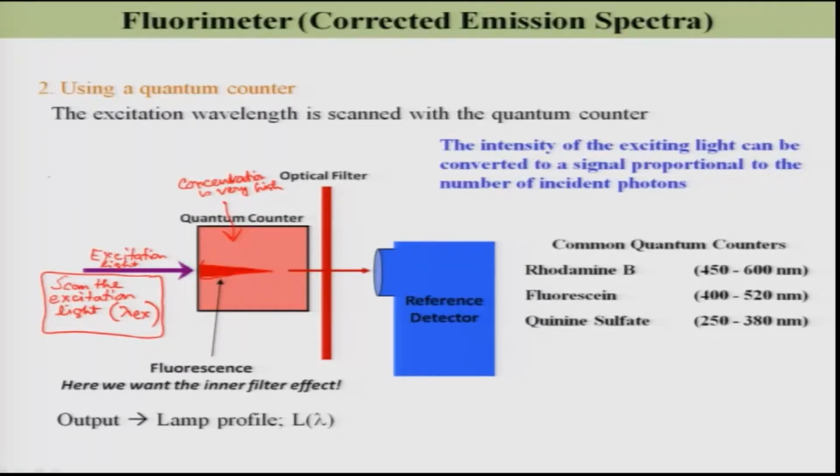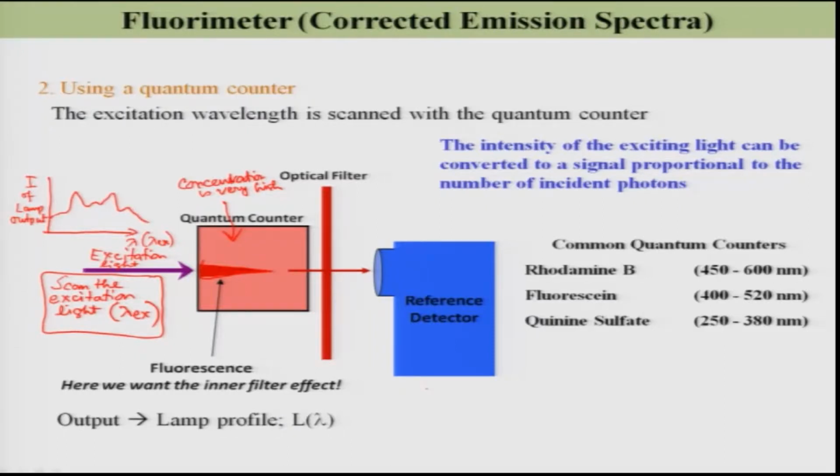So, let me draw over here the intensity of lamp output versus lambda. That lambda is going to be used as lambda excitation. Let us say the spectra in this region looks something like this.